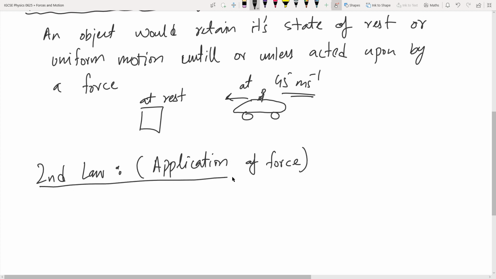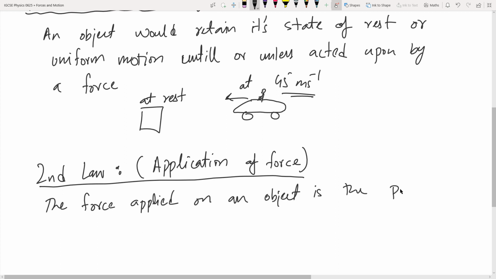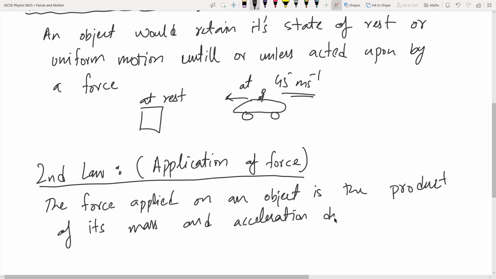So we can say the force applied on an object is the product of its mass and the acceleration due to the applied force, right? So that's the second law, and that's the general idea of what force is, right?